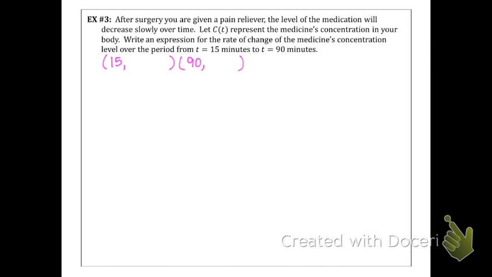Now, just like any time we plug in X, we can see it as F of X. So I'm going to do C for concentration of that 15, and then here my Y value would be the concentration at the 90 minutes. All right, so then my average rate of change will equal the Y2 minus the Y1 over x2 minus x1.